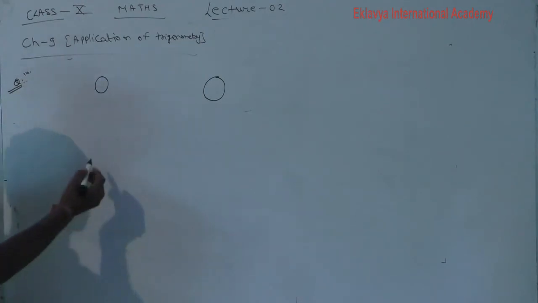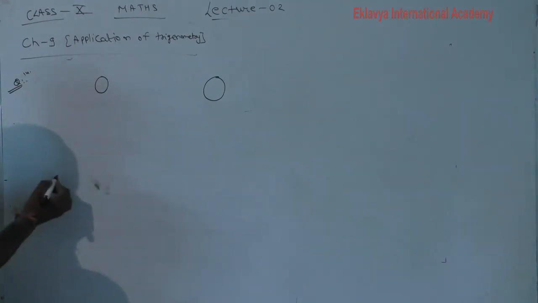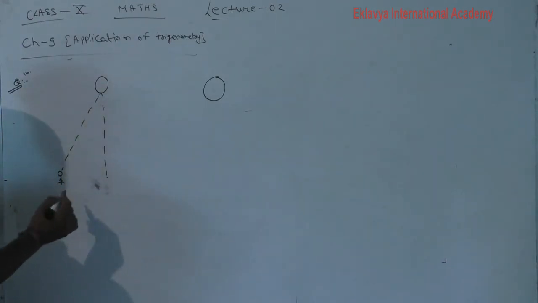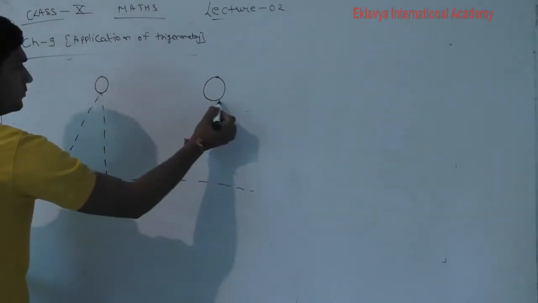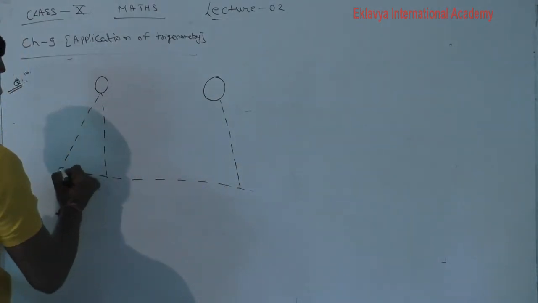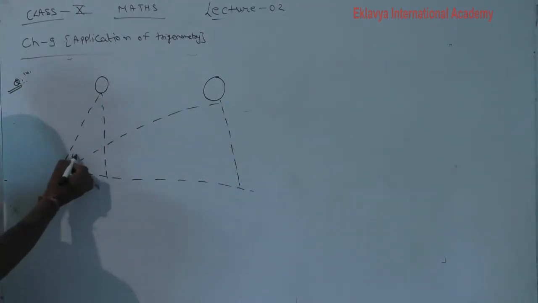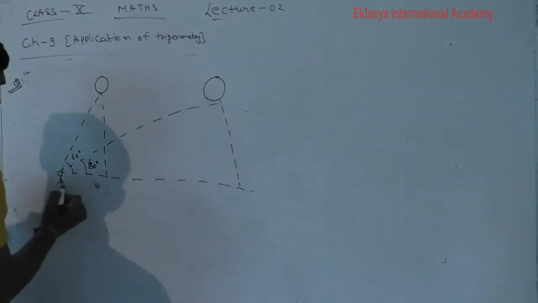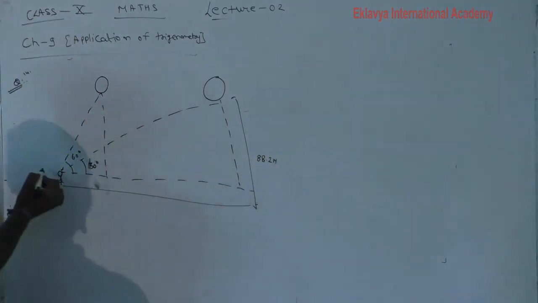A boy is standing here. Then the angles of elevation: the first angle is 60 degrees, the second angle is 30 degrees, and from the ground the total height is 88.2 meters and the height of the boy is 1.2 meters.